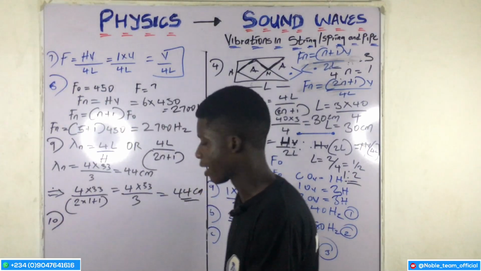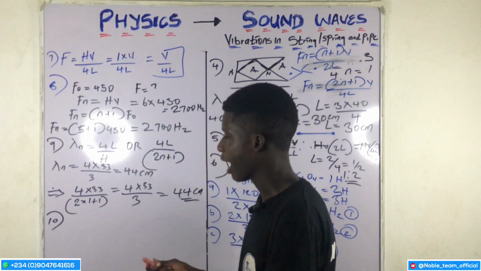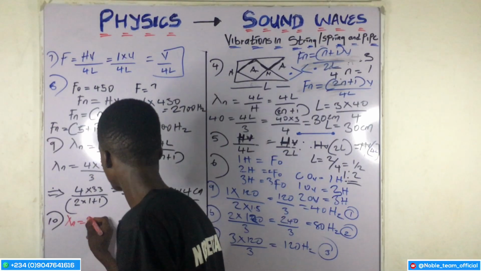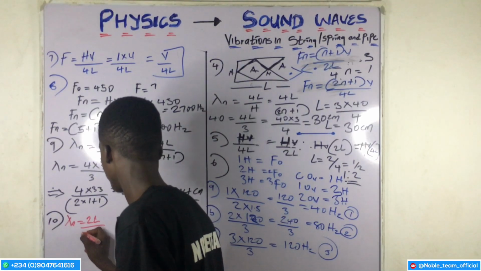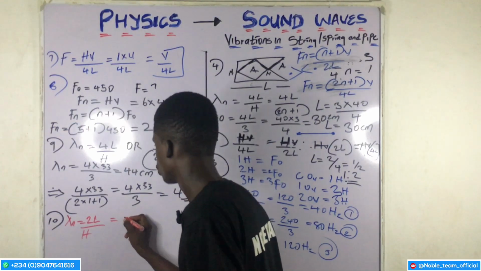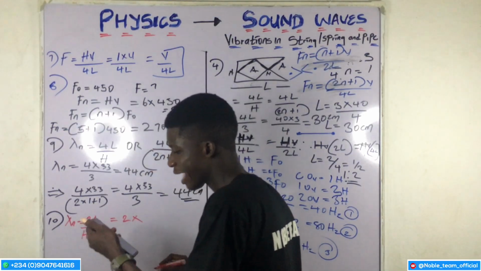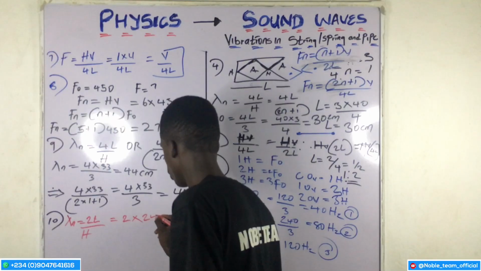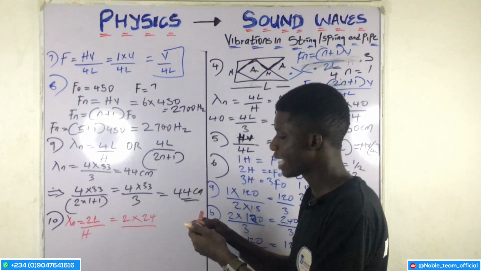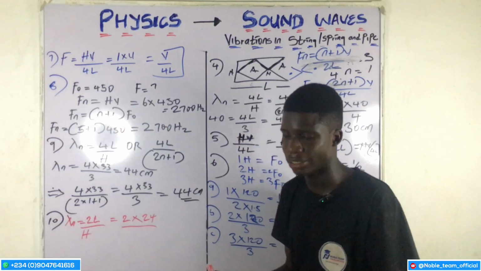Now solving together, we have been asked to get the wavelength. And for the wavelength of an open pipe, we use this: wavelength is equal to 2L over n. Now 2 times my length there, 24, divided by my harmonics. Listen, pay maximum attention.